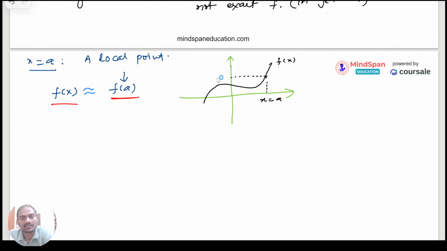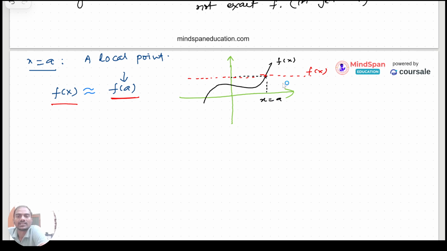We approximated that f(x) is f(a), meaning this constant function, right? This is our f(a), this is our approximated function. But our function obviously is this curvature, and this is not a very good approximation, though at x equal to a they both match.